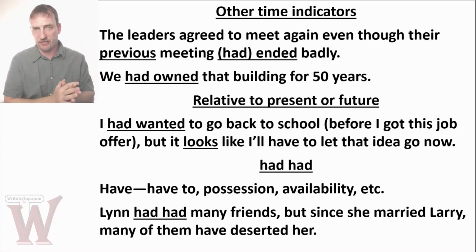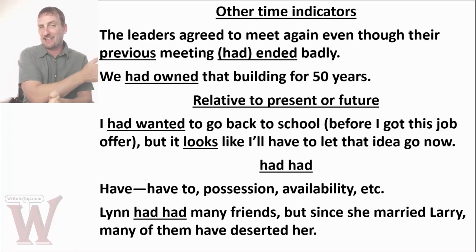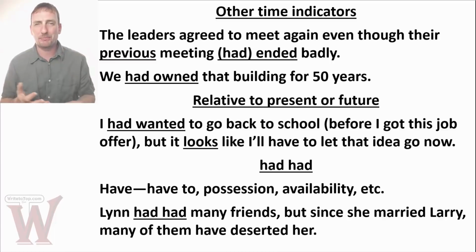She had many friends. But now I'm saying, when did she lose all these friends? When she got married. Before she got married, she had many friends. And the same thing applies to any situation with "had." Helping verb "had," past participle, main verb of "have." Very straightforward. Try not to let it confuse you. Just practice with it a little bit. It will come to you.